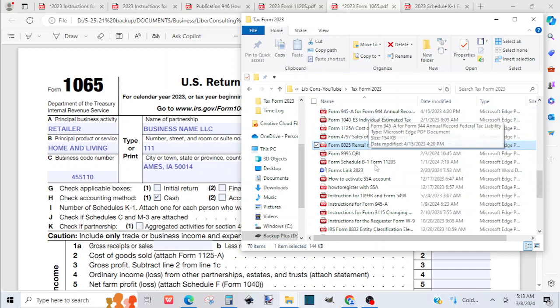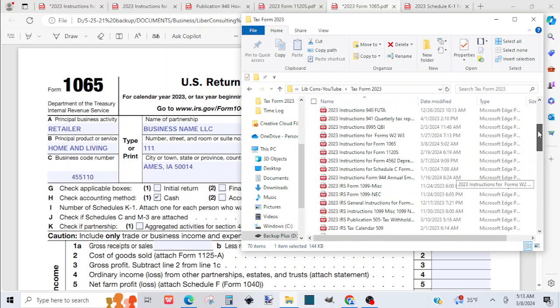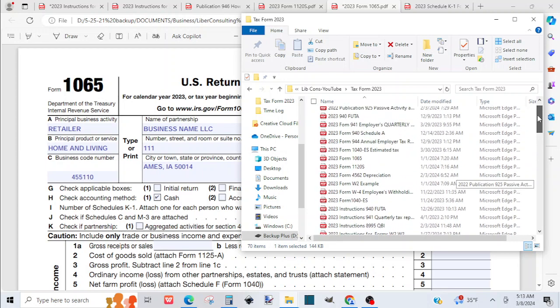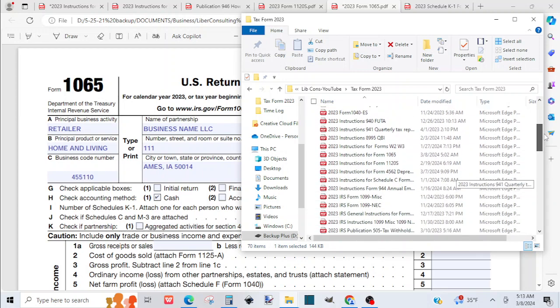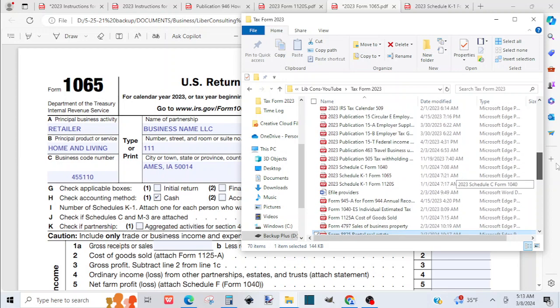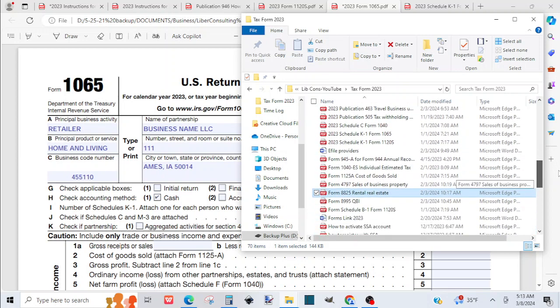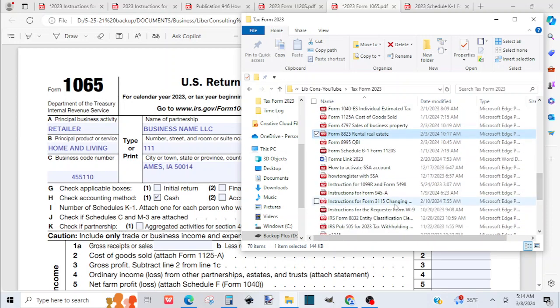for that as well. Let me see if I'll be able to find the form here. That is the instruction, but that will be Form 1115.